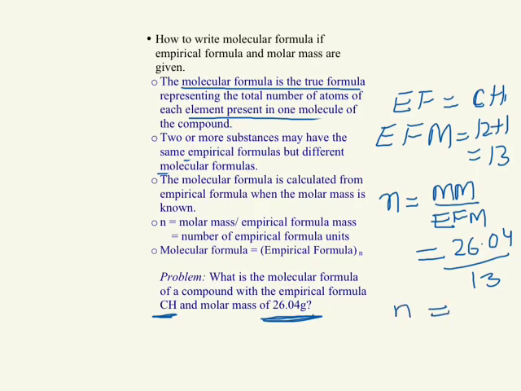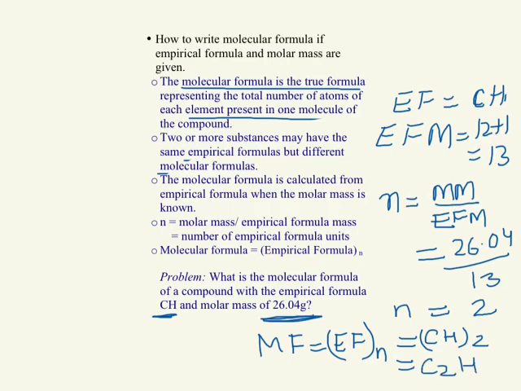And this N is an integer. It has to be a whole number, which is 2. Then your molecular formula is empirical formula multiplied by N. Your empirical formula is CH multiplied by 2, which will be C2H2. So molecular formula is C2H2.